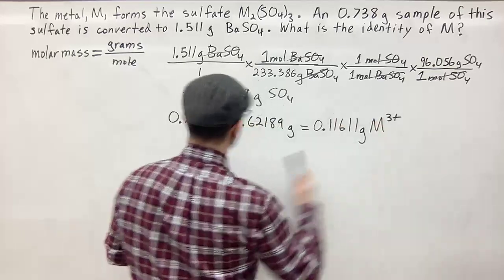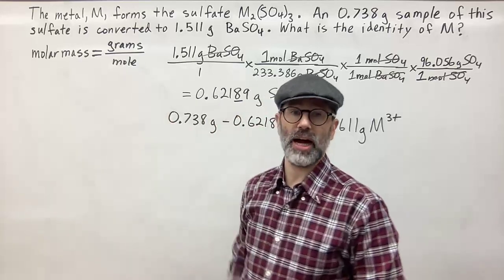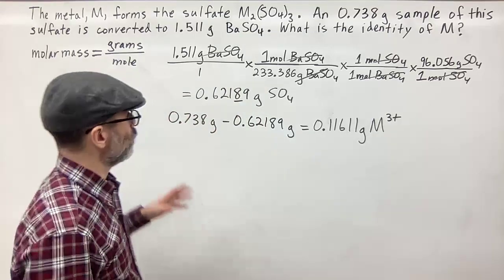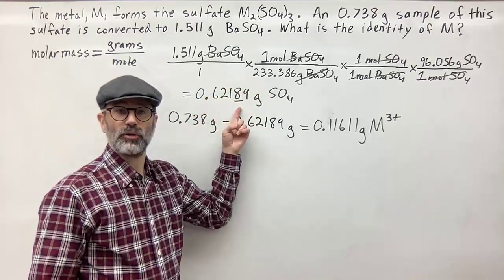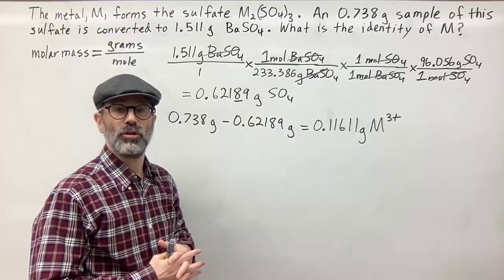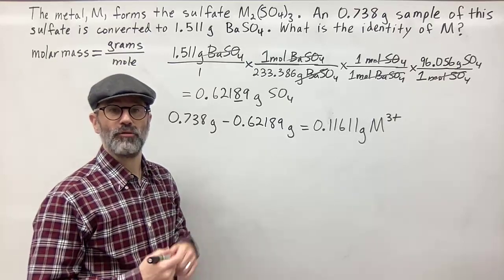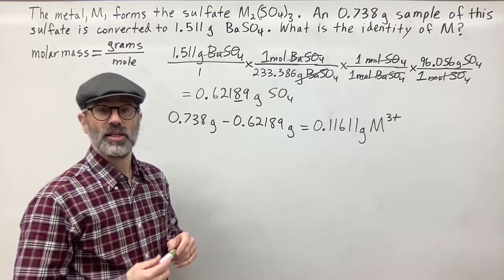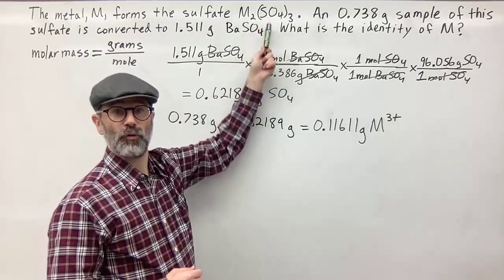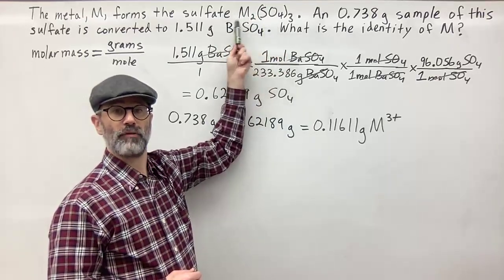Okay, so here's the mass. So we have mass in grams. Now all we need to do is find the moles. There are a couple of ways you could do this. You could start with the grams of sulfate that you have and convert that to moles of the mystery metal, since we know the ratio of the sulfate to the metal: 3 moles of sulfate for every 2 moles of metal.